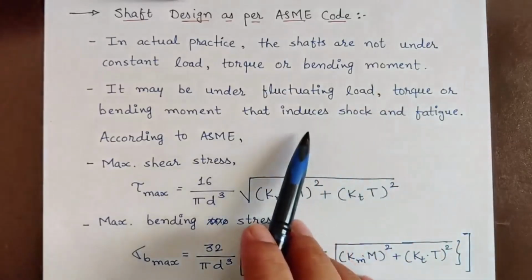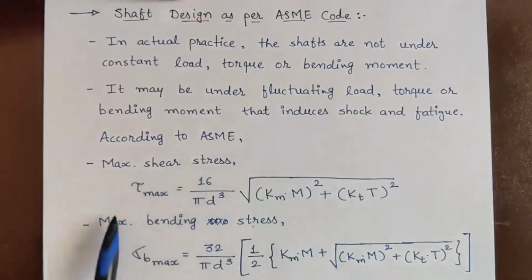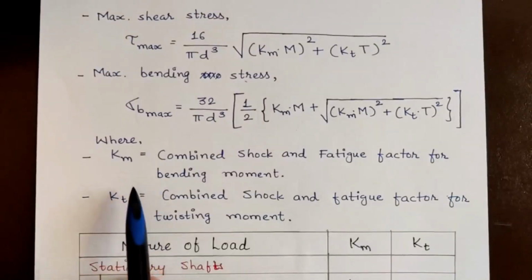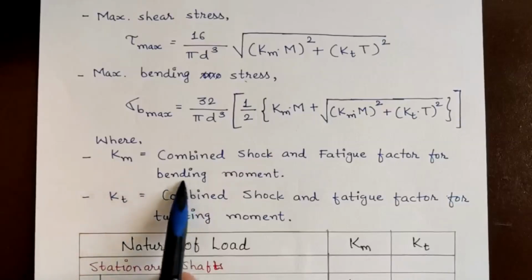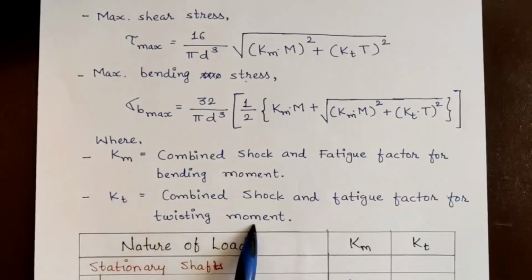Now we know that we are using two theories, maximum shear stress theory and maximum bending stress theory. To modify the standard equation, we have introduced two factors Km and Kt, where Km is the combined shock and fatigue factor for bending moment and Kt is the combined shock and fatigue factor for twisting moment.